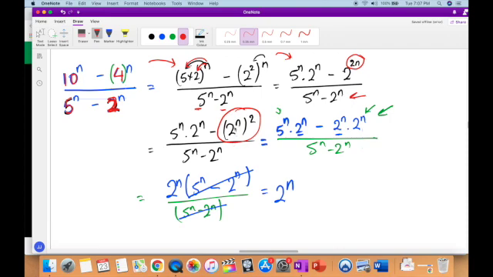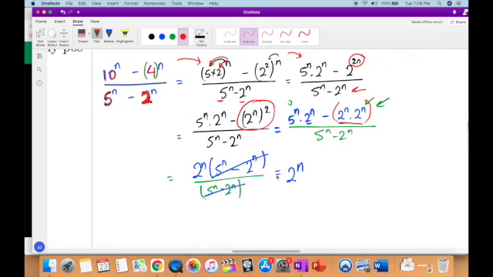And this is the same as this, because 2 to the n times 2 to the n, add your indices, so you'll get 2 to the 2n. So at the end of the day, it really boils down to knowing your laws of indices here.